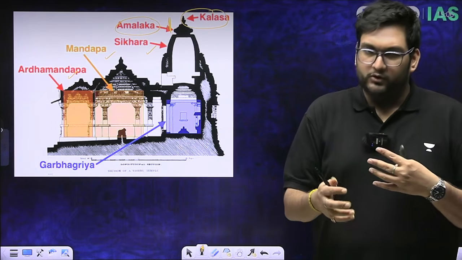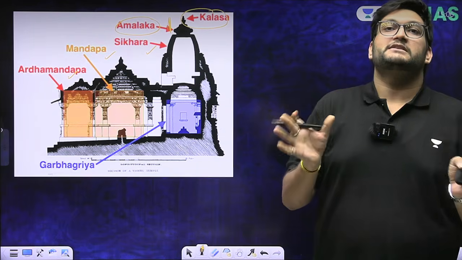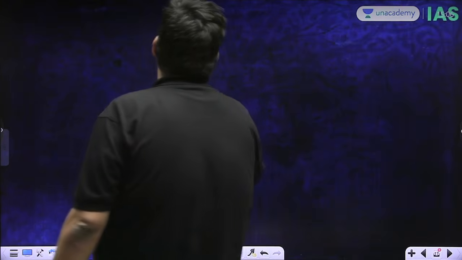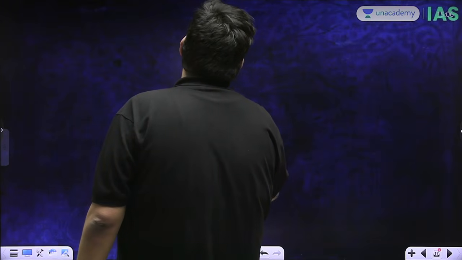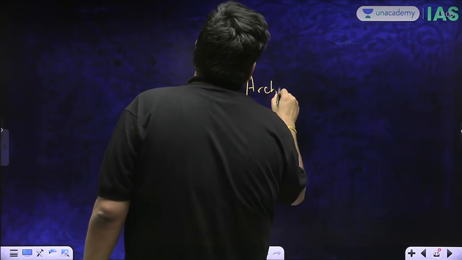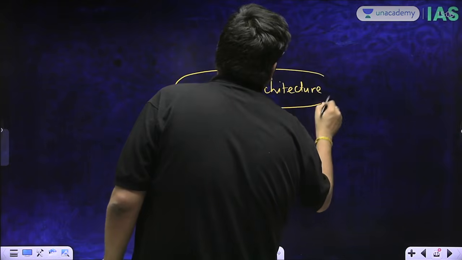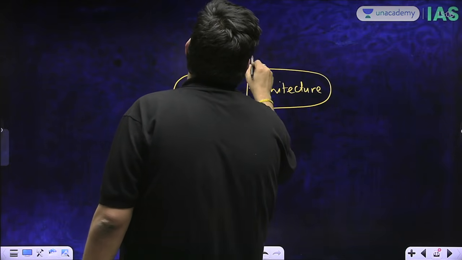Iconography has become more and more common. It is now evolving to become what it will become in regional styles. And that is where our first regional style comes through, which is called Nagara Architecture. Nagara Architecture refers to the temple architecture which happened in North India.